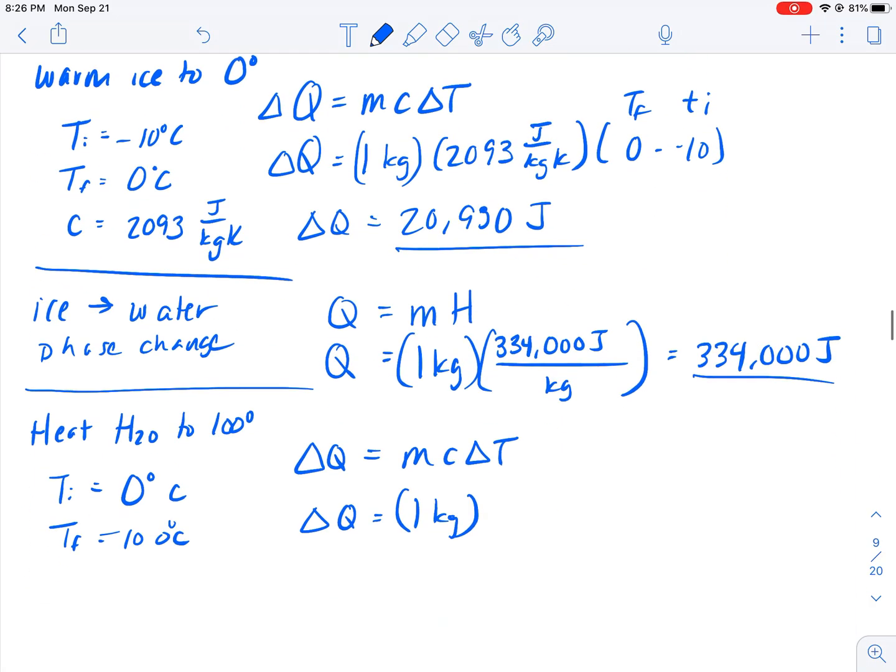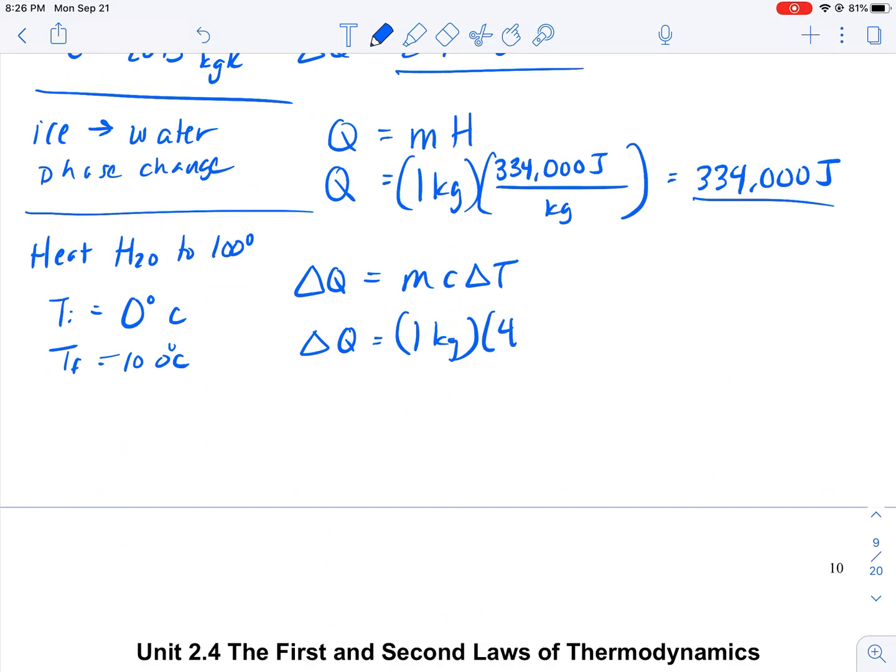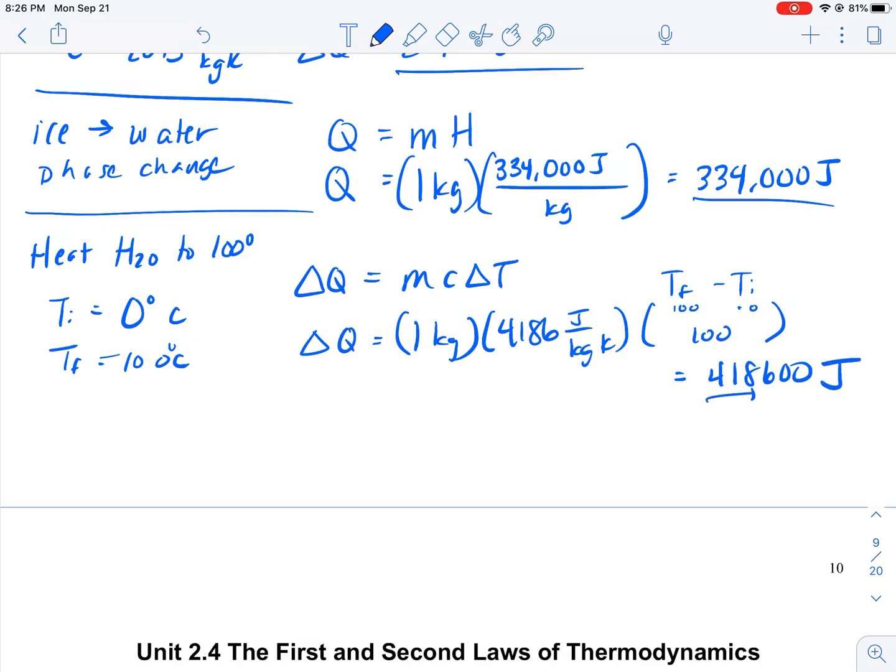Now, the specific heat for water is 4,186 joules per kilogram per Kelvin. And the temperature change, the final minus the initial, is going to be 100 minus 0, or 100. And now I'm going to multiply this out, and I'm going to get 418,600 joules.